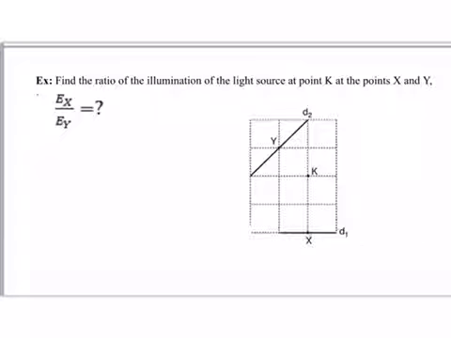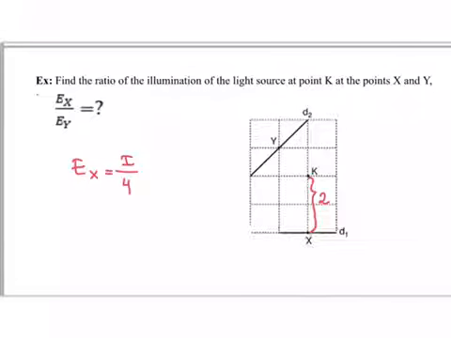We are going to find the ratio of the illumination of the light source at the point K at the points X and Y. Now the distance of the light source to X is 2 units. So illumination at X is equal to light intensity over 2 squared, which is I over 4.